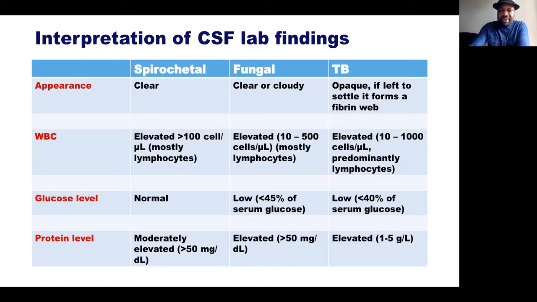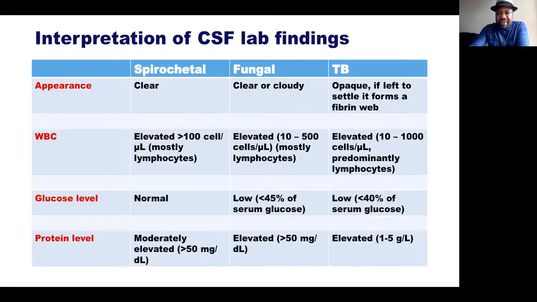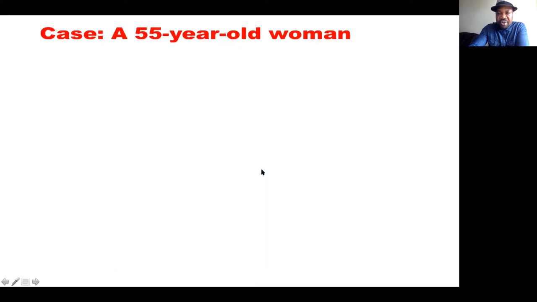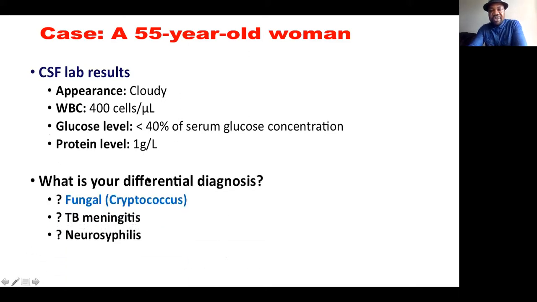Looking at this patient, the appearance is cloudy, the white blood cells are 400, so not highly elevated, which points toward cryptococcal meningitis, with glucose level below 40 and protein level 1. So the differential diagnosis here mainly points toward fungal or cryptococcal meningitis.